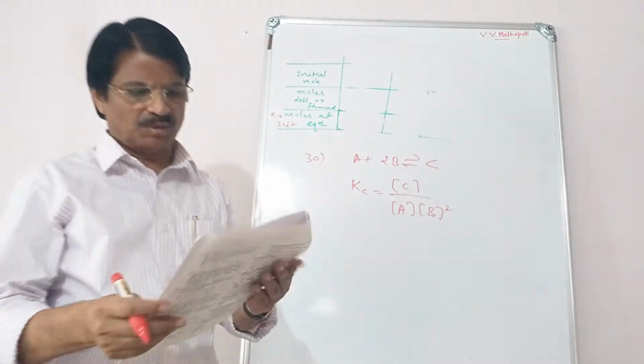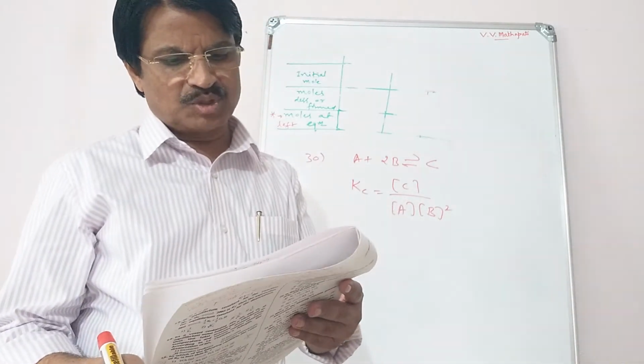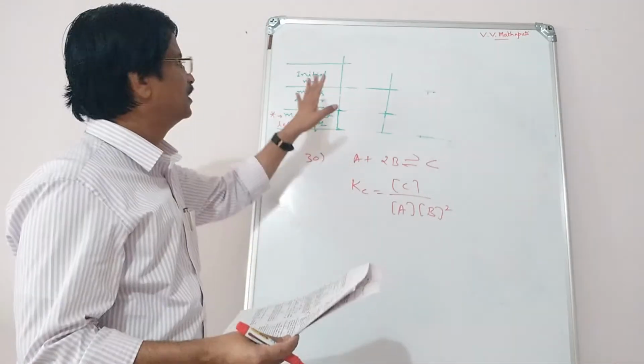This is the hint for how to solve. Then one more, question number 31. That is also important, and there you have to draw the table.